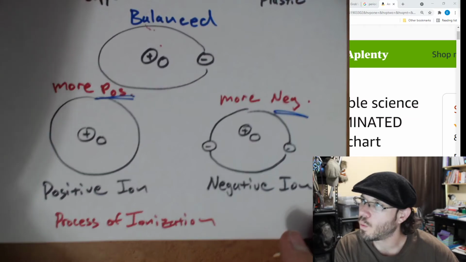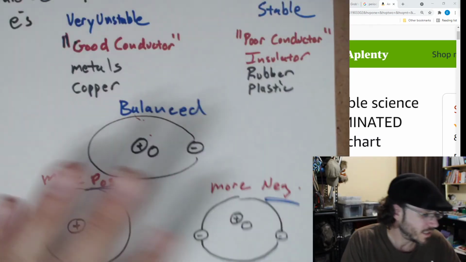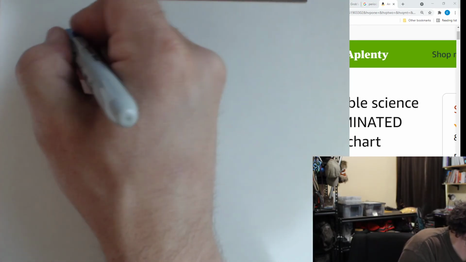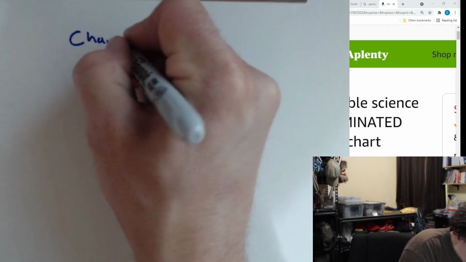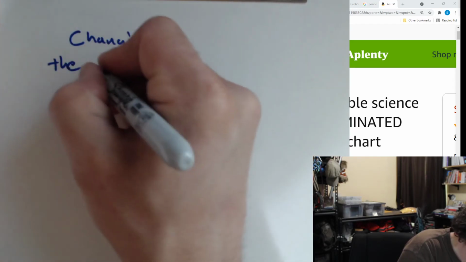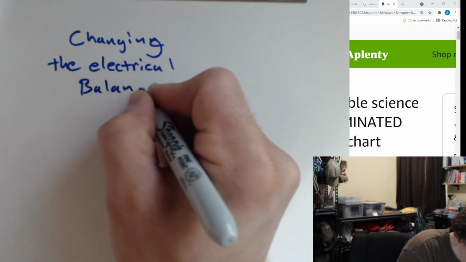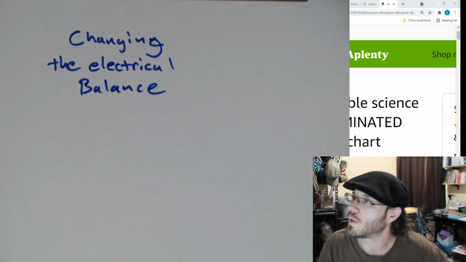There are a few different ways to do this, and they all involve imparting energy on the material. First off is chemical energy.